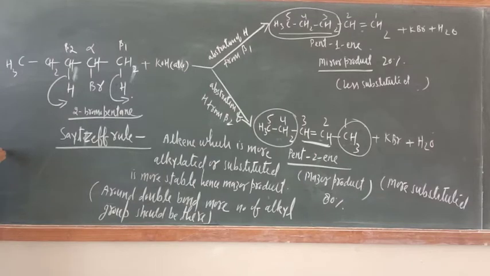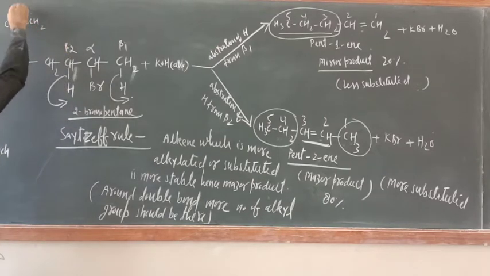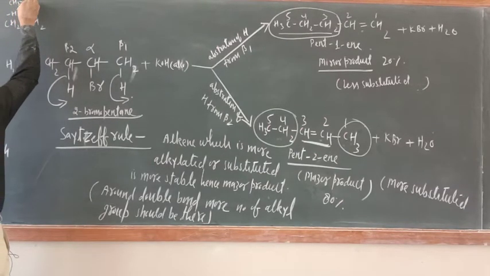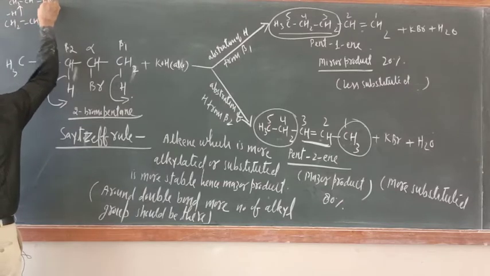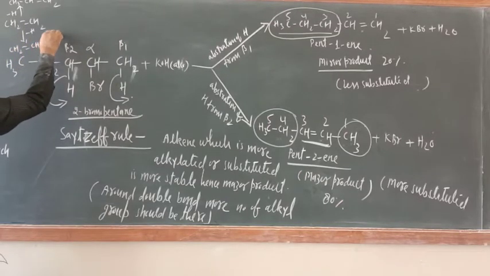To understand, just see, this is CH2 double bond CH2. Now replace one H and put here one CH3: CH3-CH double bond CH2. Now replace the H on this side also.